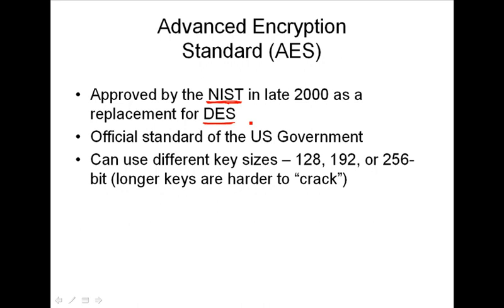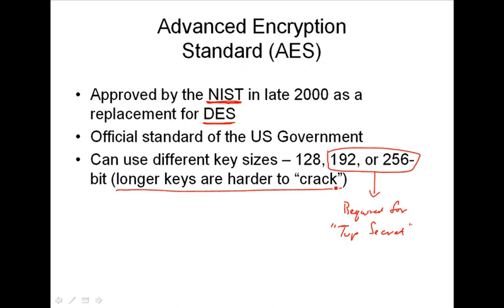And it can use different key sizes, 128, 192, 256 bit, for example. 192 and 256 are required for things that are referred to as top secret by the government. Again, longer keys are harder to crack, and they're slower, but they're harder to crack.